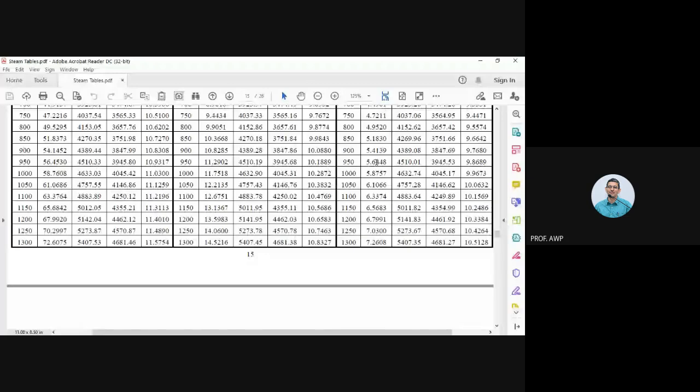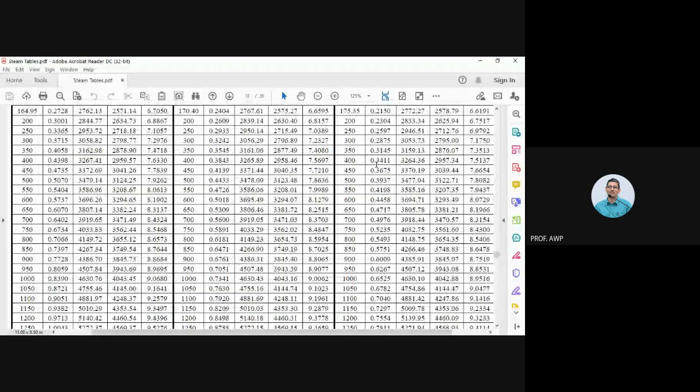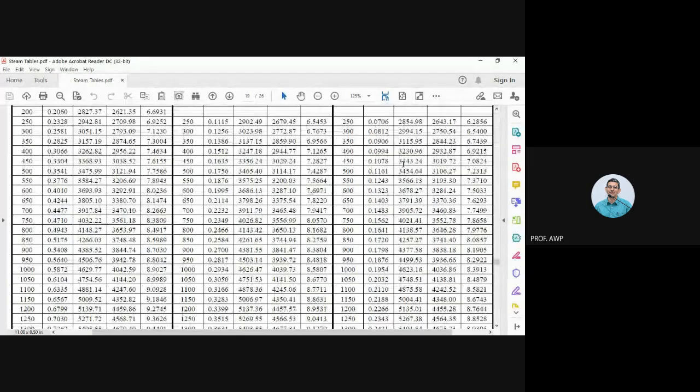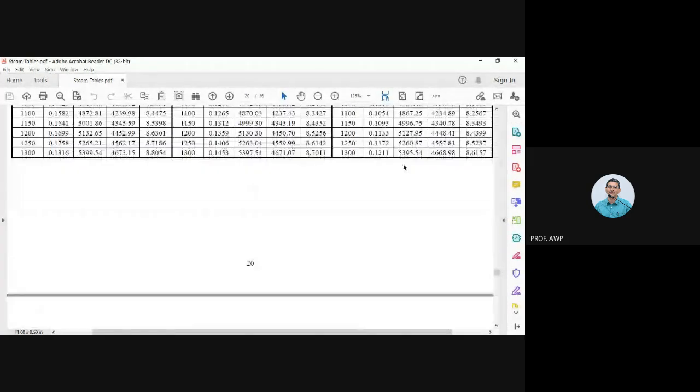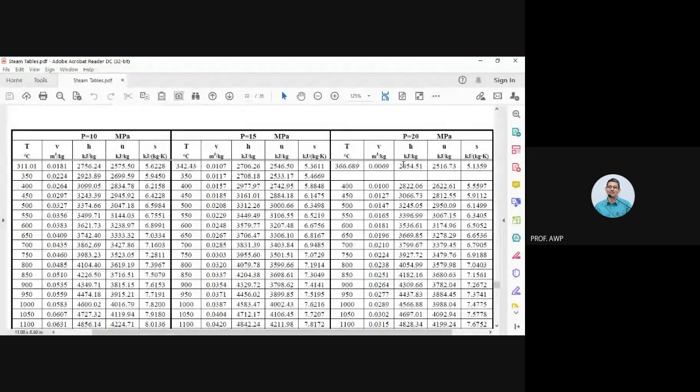Like that, we will need to go to 15 megapascals. This is 1 megapascal, meaning 10 bar, 20 bar, 30 bar, 15 megapascal. Do you see? And what is the temperature? 600 degrees centigrade. Do you see this?